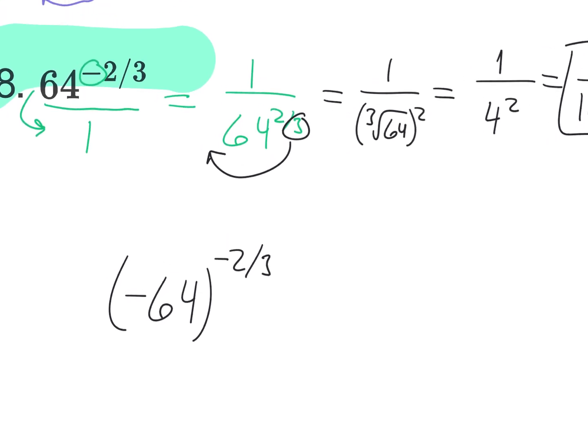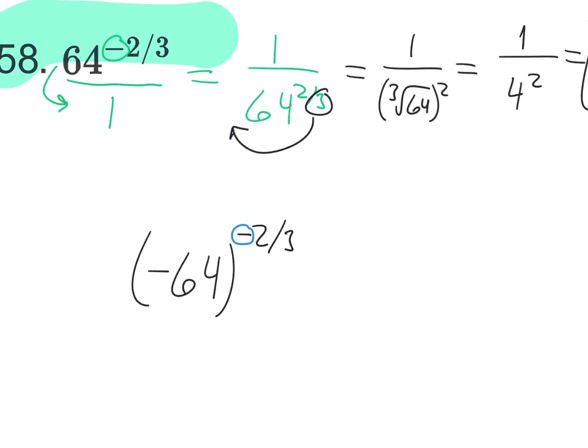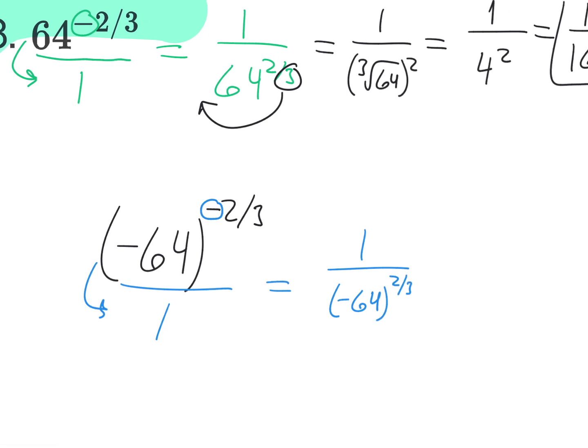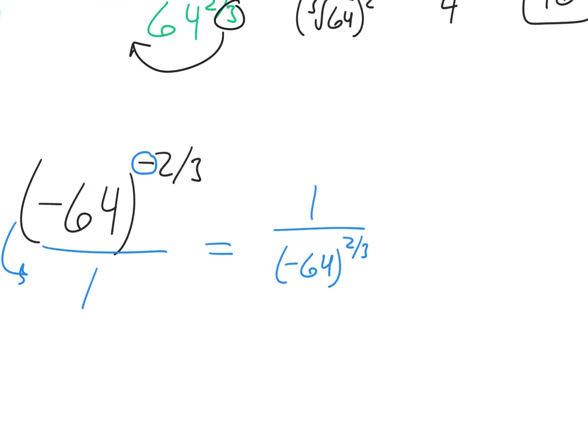So a lot of you did this part right. A lot of you saw that there was a negative exponent and decided to move it to the bottom. But some of you, that was the only thing that you did. So maybe you did this. Now this is how it should look with those parentheses, but maybe some of you dropped the parentheses when moving it from the top to the bottom.